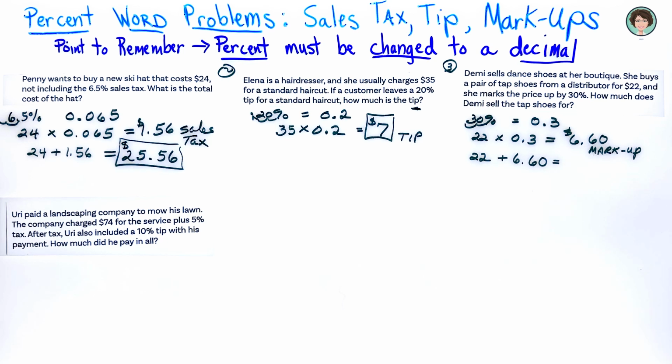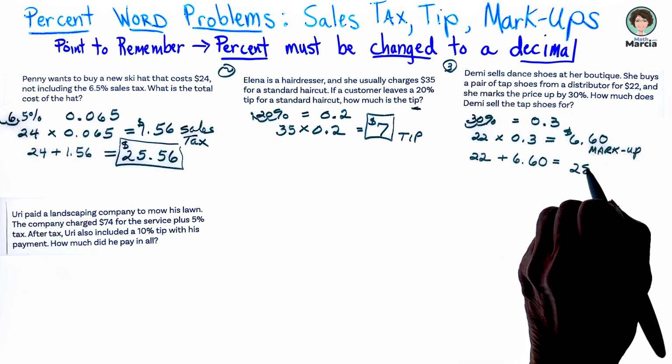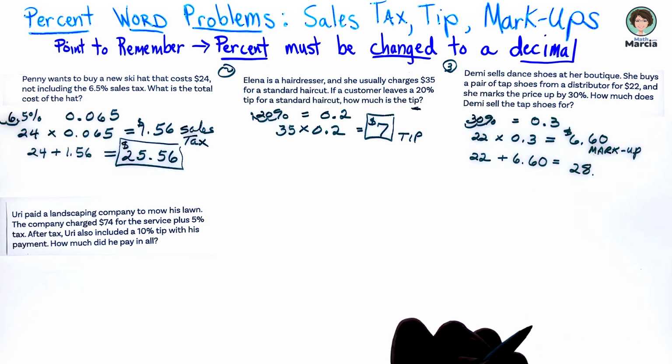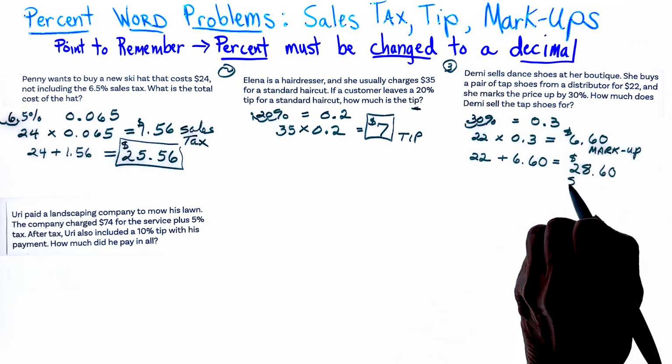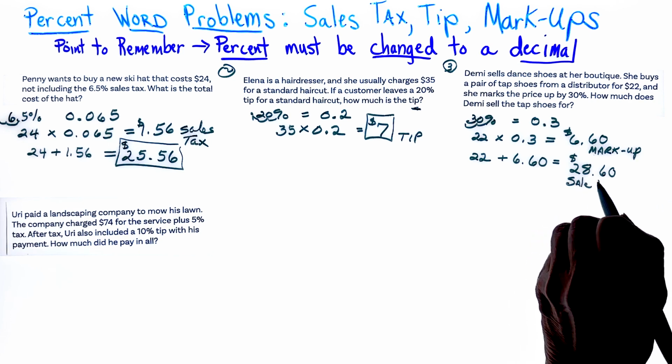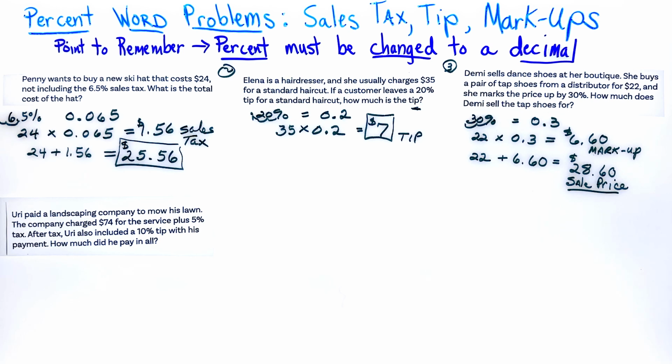So if you're interested in buying this pair of shoes, the $28.60 is the actual sale price of the shoes. And then, of course, you would have to add tax, but that question doesn't ask for that. So we won't worry about that today.